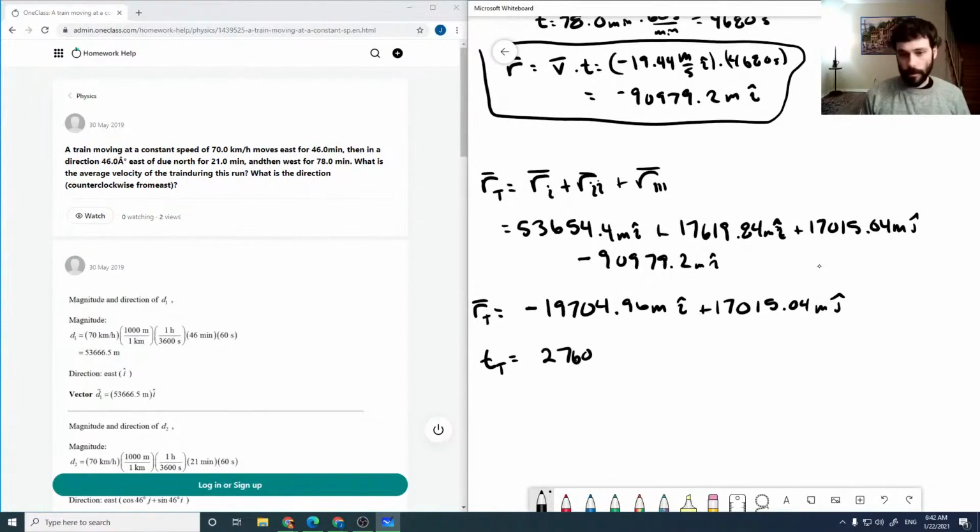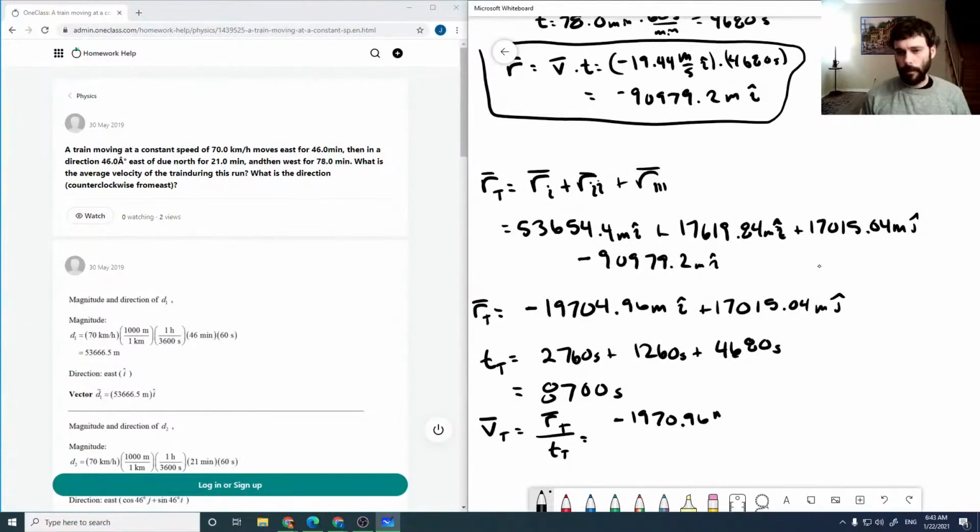So we had 2760 seconds plus 1260 seconds plus 4680 seconds. And so this, when you sum them all up, comes to 8700 seconds. So my total velocity is my total displacement over my total time, so it's this guy over 8700 seconds.